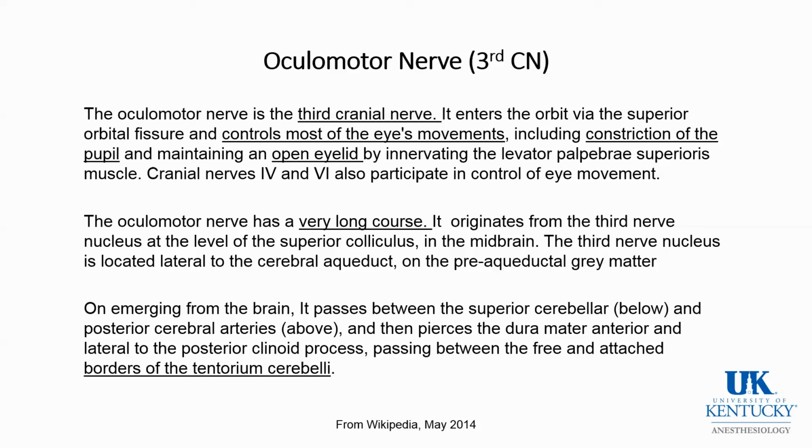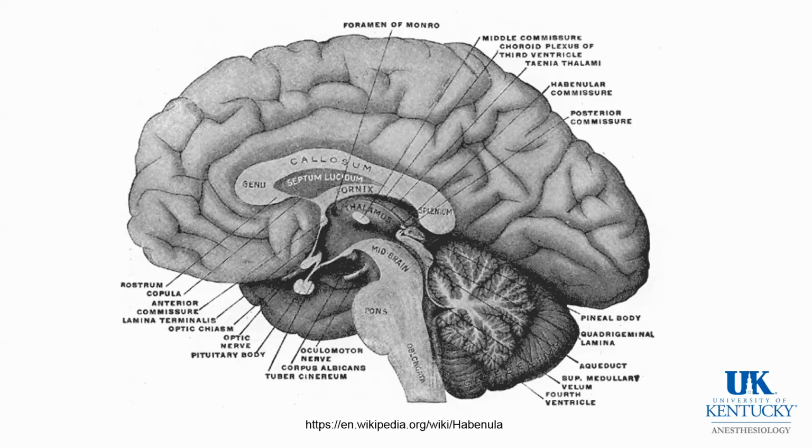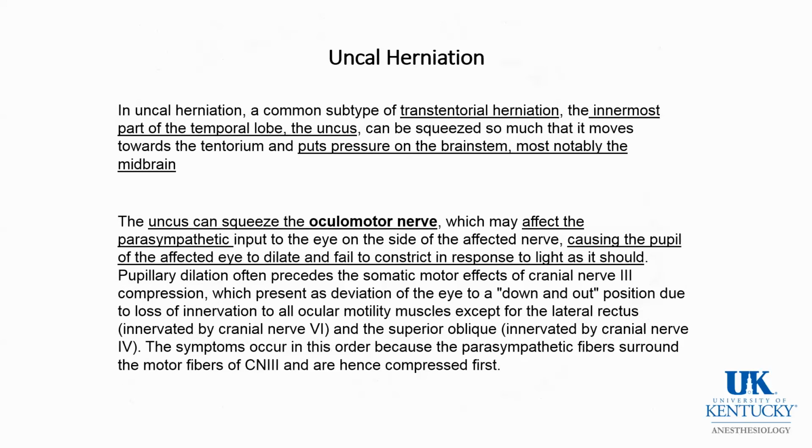This can be both due to compression of the nerve and also compression of the nuclei in the brainstem that controls this nerve. This depicts the course of the oculomotor nerve, its origin in the brainstem, and its relevance to uncal herniation.